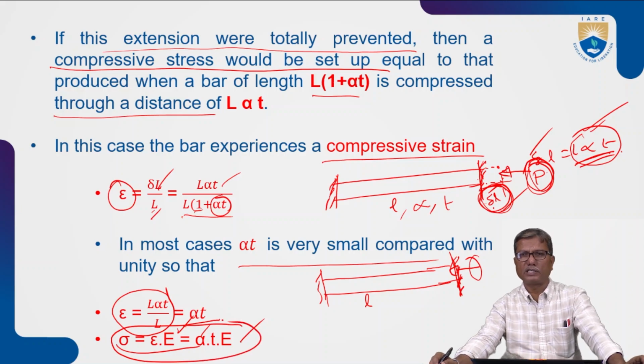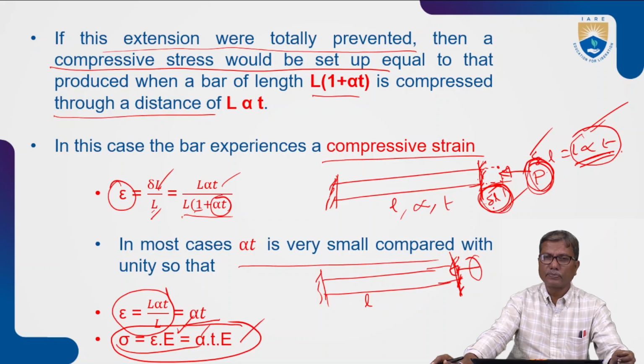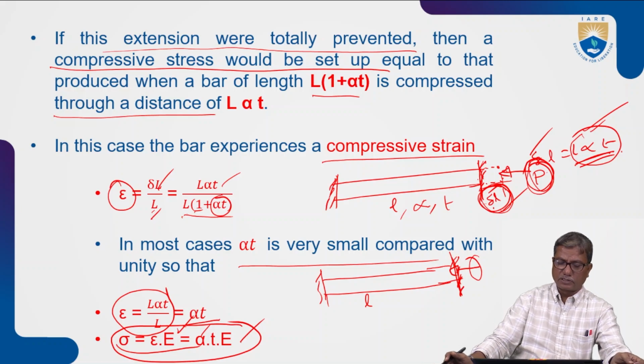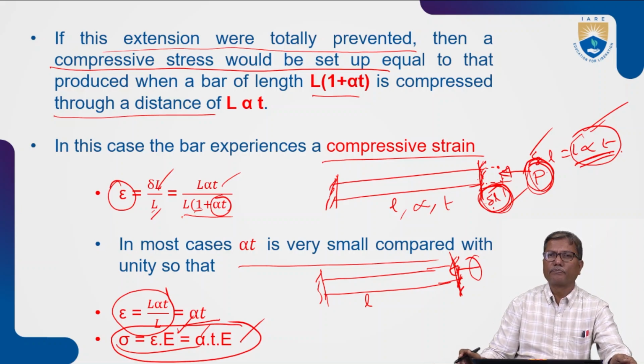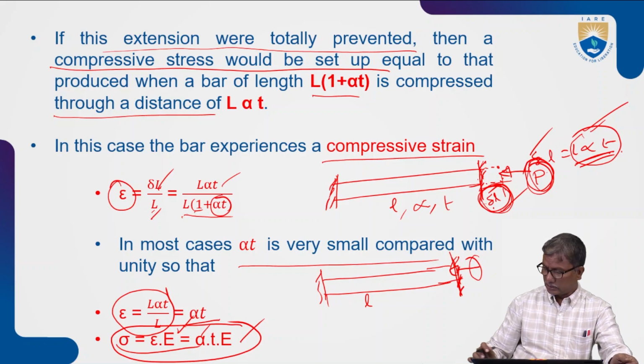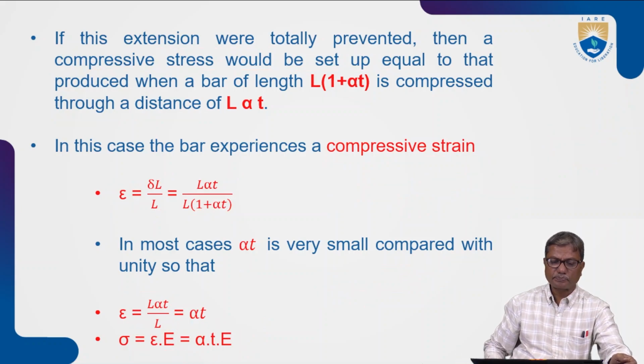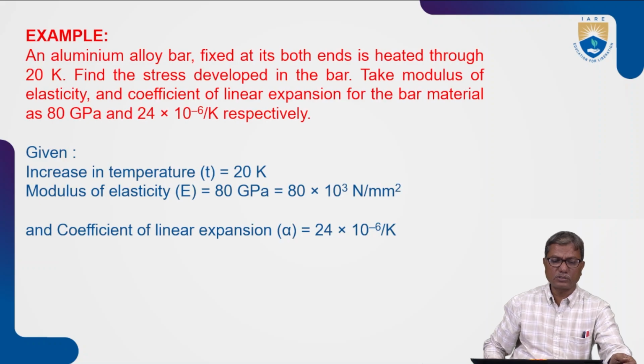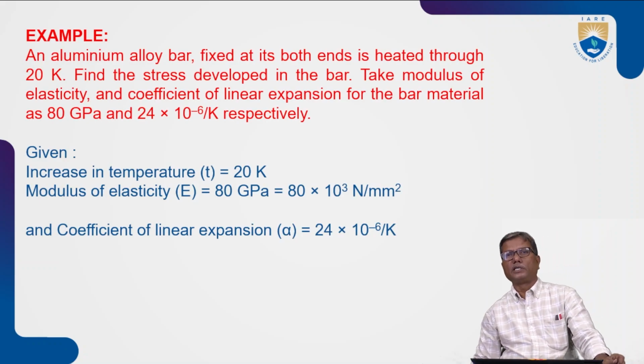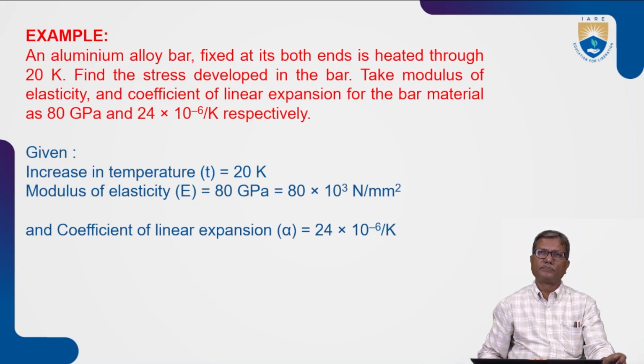The stress induced in a bar of Young's modulus E and expansion coefficient alpha is equal to alpha T into E. Okay, so that is the stress induced in the material, in the bar.